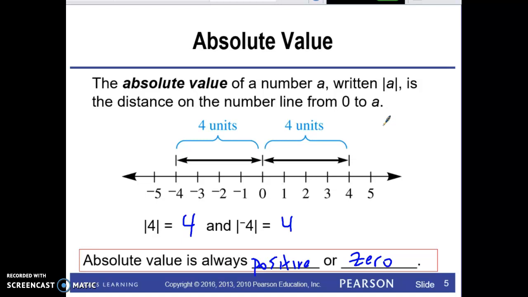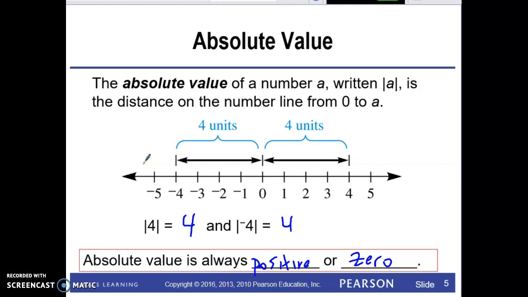So it's kind of a consequence of the fact that absolute value is a measurement, that absolute value also happens to make things positive. Another mistake that our students sometimes make is they think absolute value makes it the opposite of whatever it is. So the absolute value of negative 4 is 4, and some of them will misunderstand and say the absolute value of 4 is negative 4.